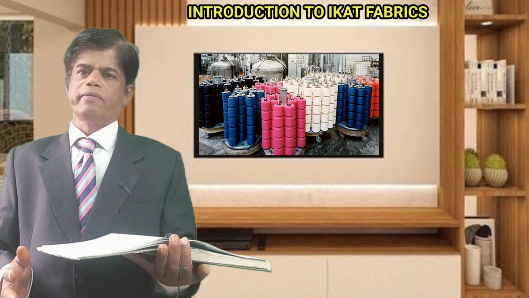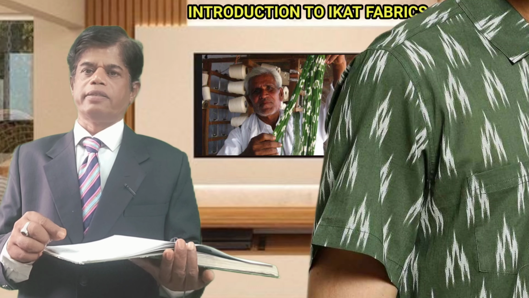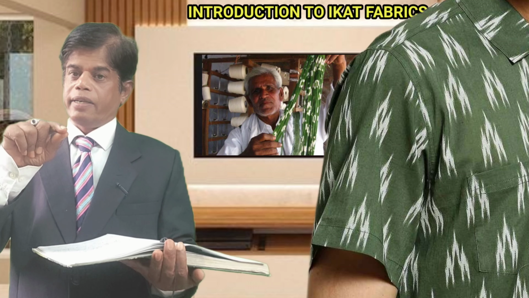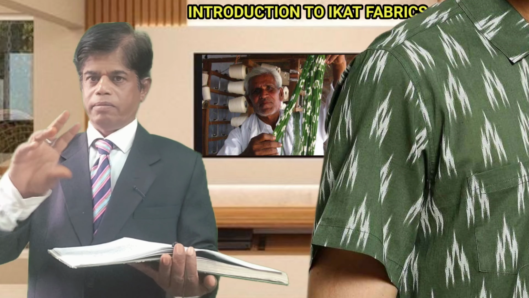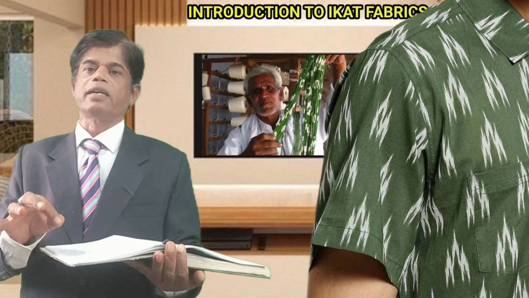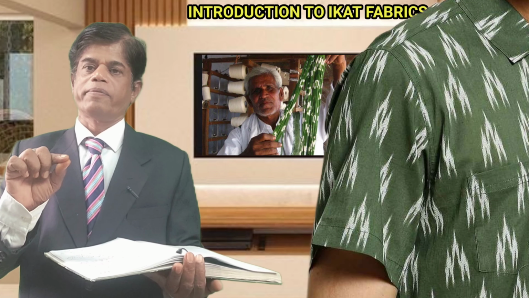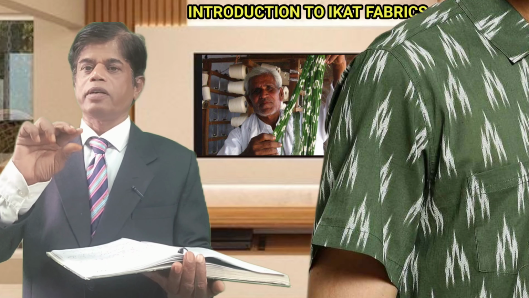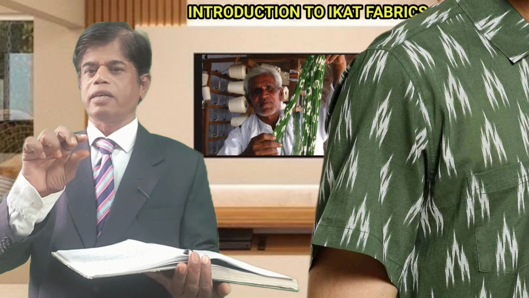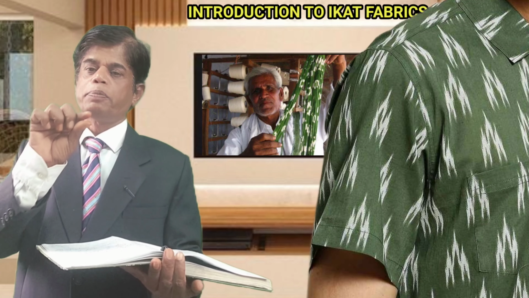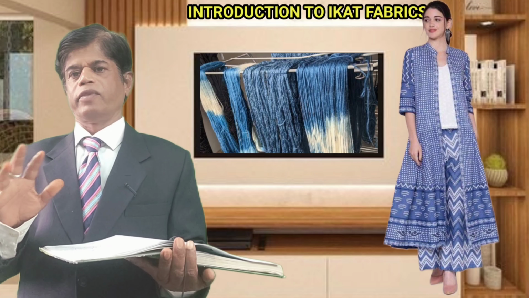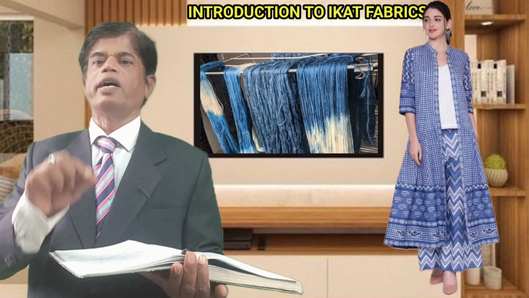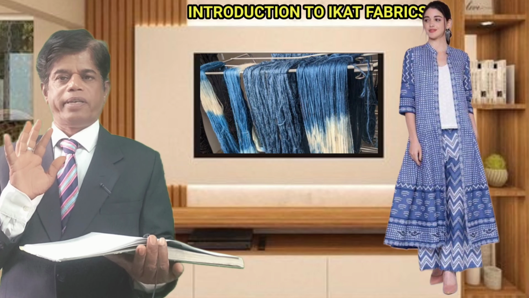But in case of Ikkath, like tie and dye fabrics are tied with thread or some tying equipment, here also bundles of yarns, at a specific place of the yarns, are bundled together and tied to make them resist the dye liquid.